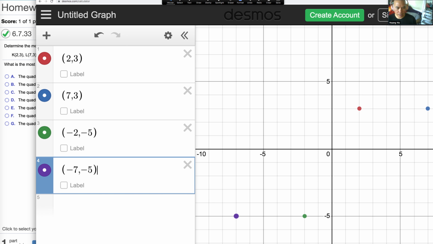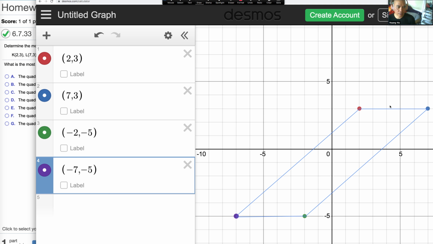So this is a parallelogram. Okay, let's connect. As you see, these two opposite sides are parallel, and they are not just parallel, they are also congruent.